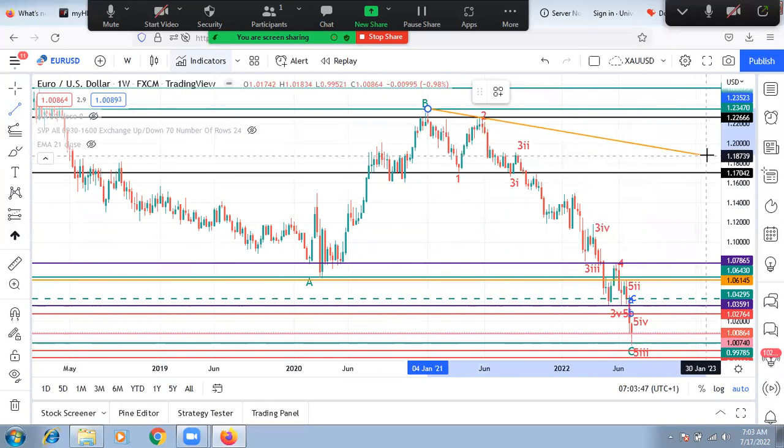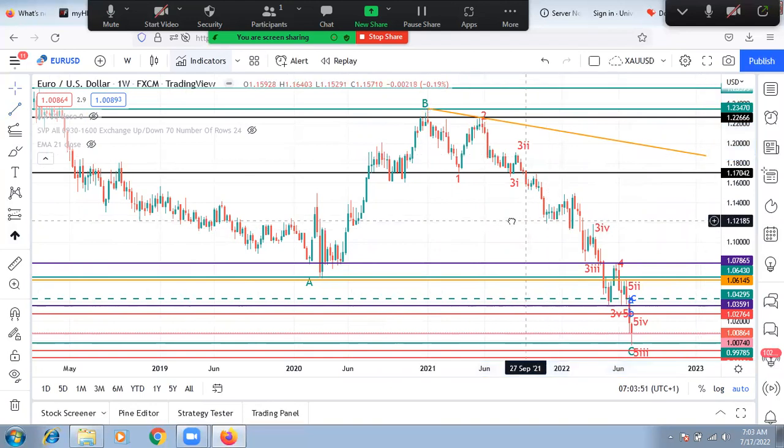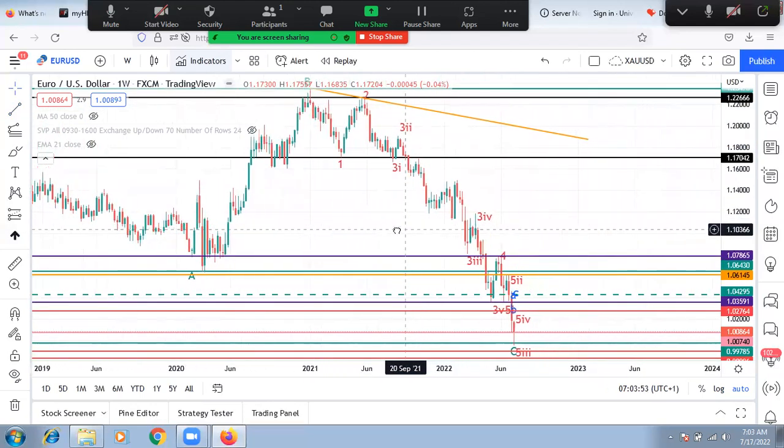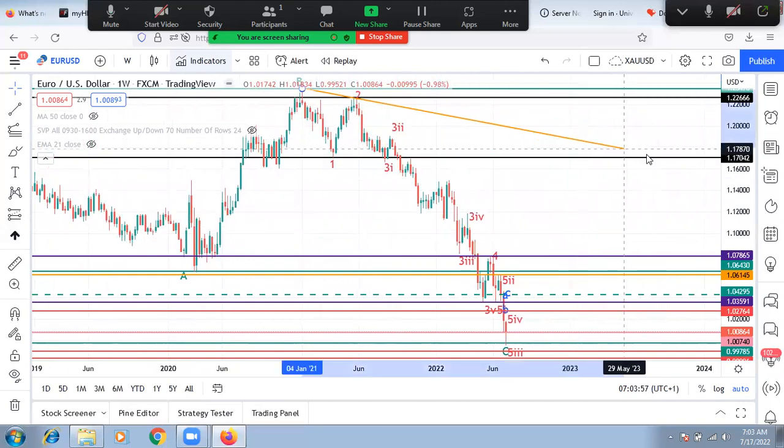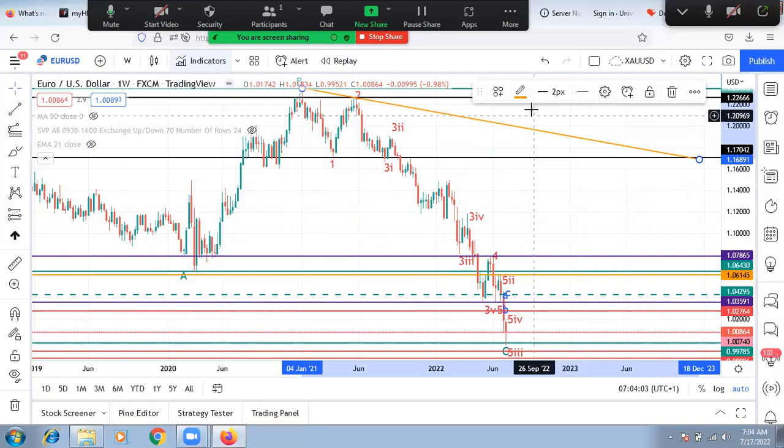So before you say yes, that has changed completely, so we are in a new trend, it's going to take a while. Seeing the way this thing is going to go, it's going to take a while. We can label this. Let me use this color.